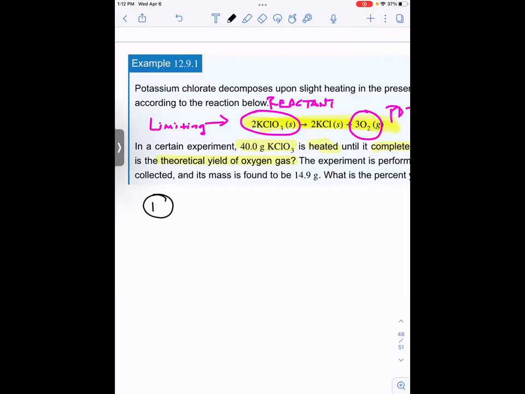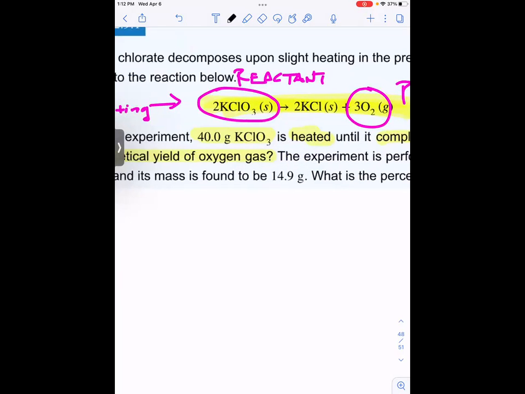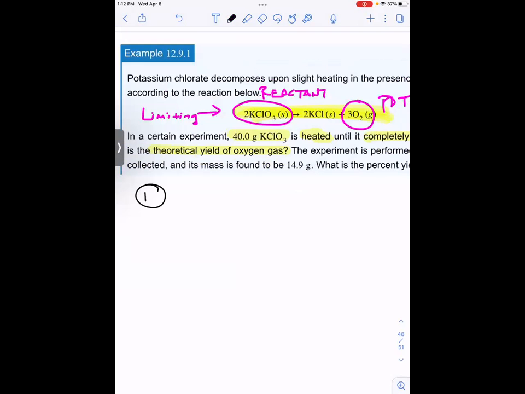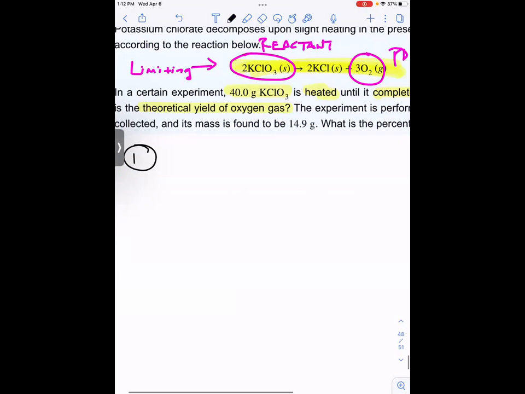What's the first thing we need to do to get this problem started, other than balancing, but as you can see, it's already balanced? Can I use grams in my stoichiometric calculations?